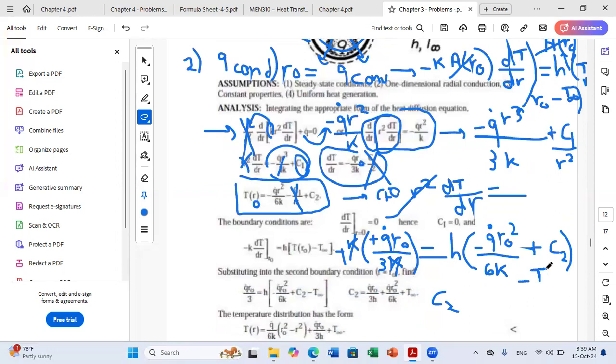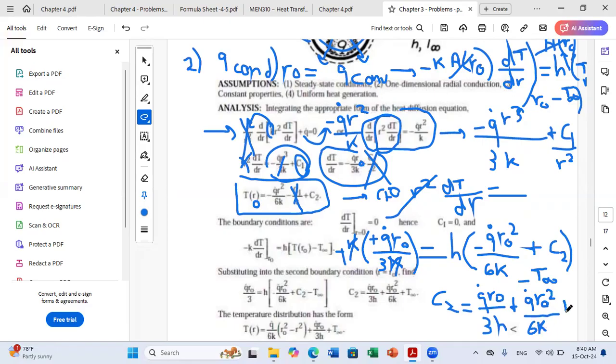If I take H to the other side, C2 is equal to Q dot times R0 over 3H, plus Q dot R0 square over 6K, and plus T infinity. So in this way, I solved for the value of C2.